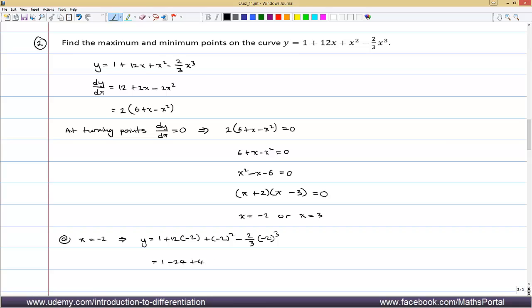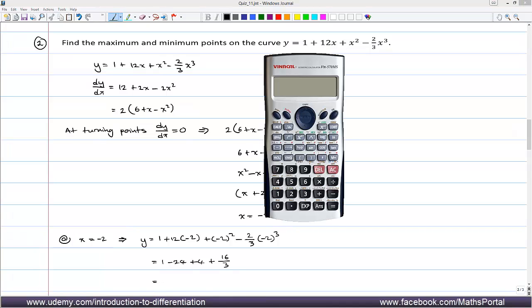And minus 2 cubed, that is minus 8, and times minus 2 over 3, that becomes plus 16 over 3. So that equals, let's use calculator for this, 1 minus 24 plus 4 plus 16 over 3. That is minus 41 over 3.